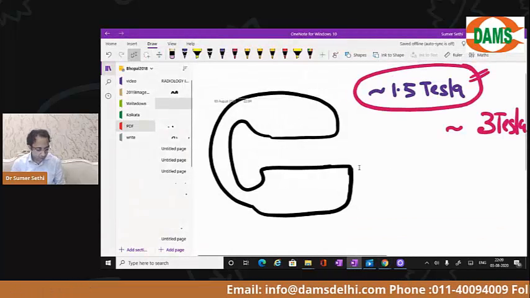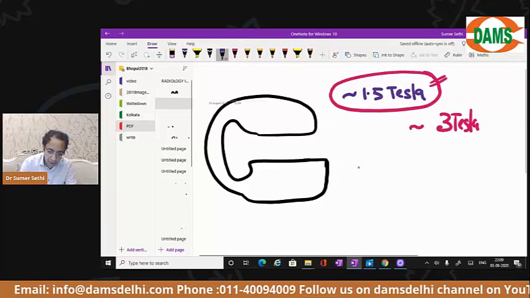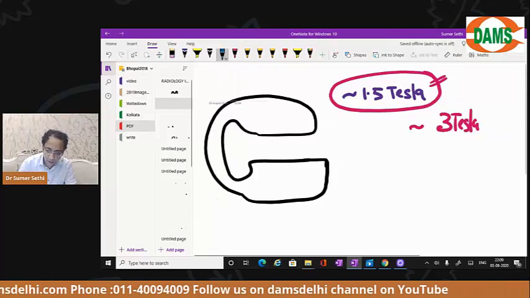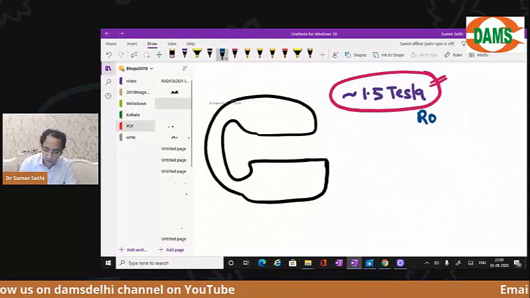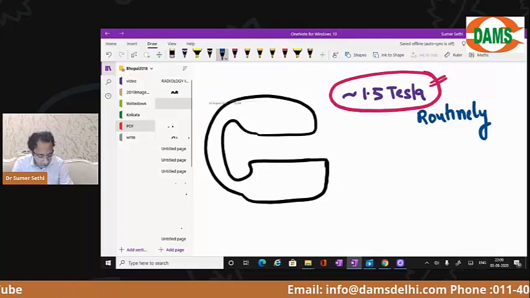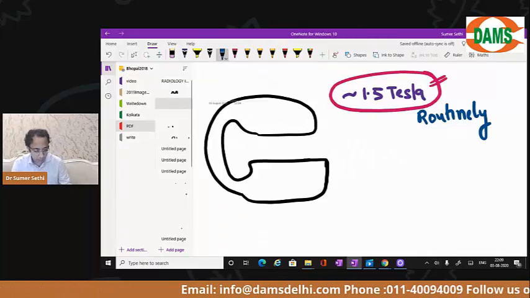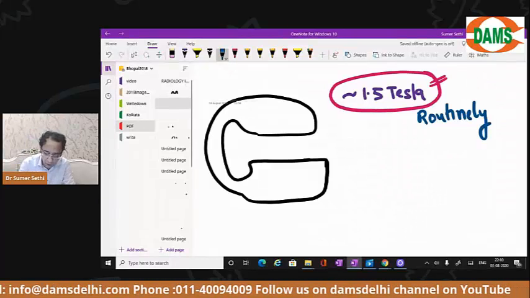Today we discussed so far that an MRI machine is a magnet with a magnetic field strength of 1.5 Tesla routinely.